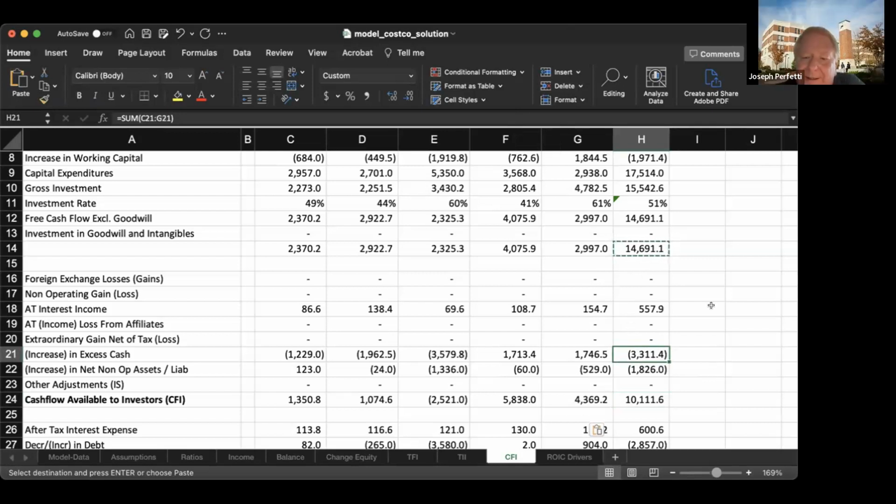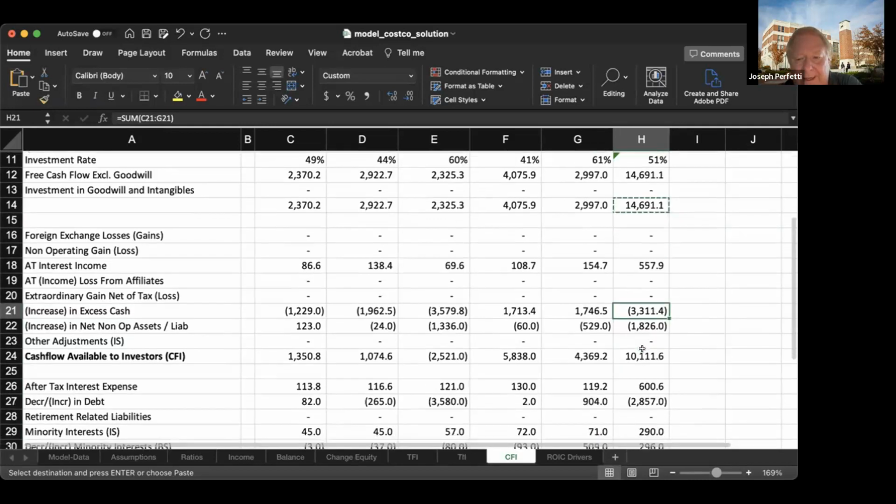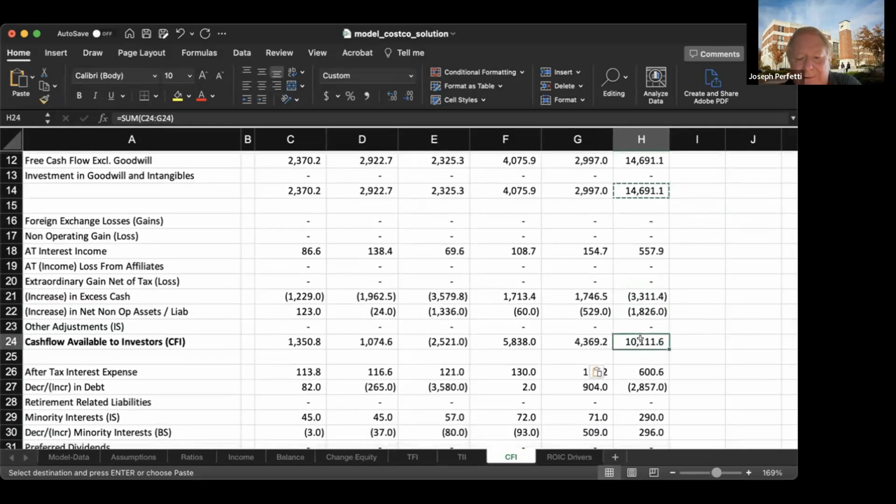They bought non-operating assets and they increased their non-operating cash. So remember, Walmart lost a bunch of things, a bunch of money here. Costco's not losing money here. Costco's actually buying things and putting more money into savings. Another difference in the two companies in their non-operating cash flows. Everybody see that? But that left them with 10 billion to pay out.